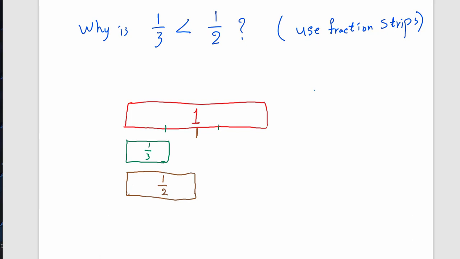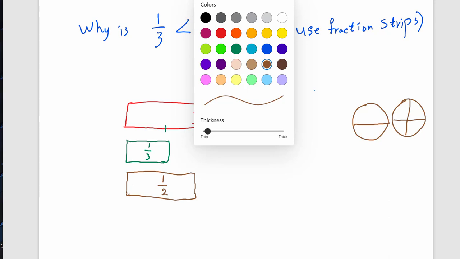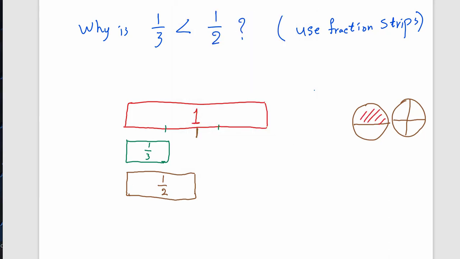So, if we have any model like the circle, if we divide it into 2 or divide it into 4, each unit fraction here, this one is a unit fraction and this one is a unit fraction.